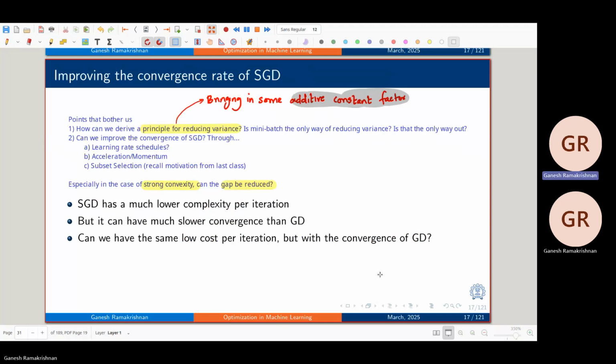One is of course mini batch, which we already talked about, to reduce variance. So can there be learning rate schedules that can reduce variance? Can we bring in, of course, acceleration, momentum? That is a no-brainer. But can acceleration and momentum be brought in a way that is more faithful to stochasticity?